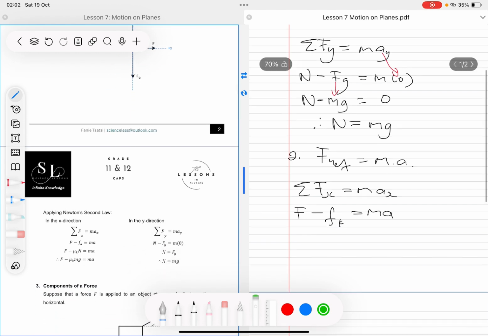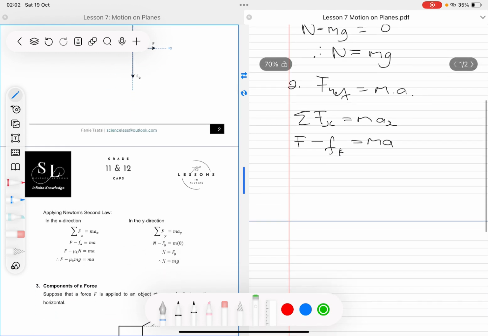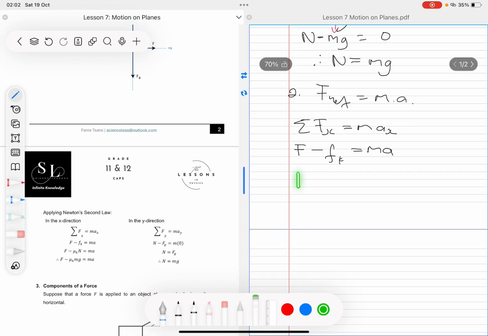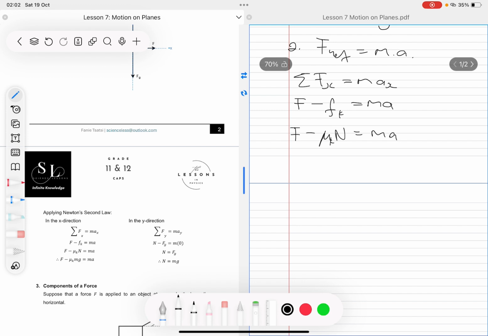And I can take this one step further to say the frictional force would be mu times normal force. So this will be F minus mu k N equals mass times acceleration. Now, if you look at your y component, the forces in the y, you'll find that it's going to be mass times acceleration in y.